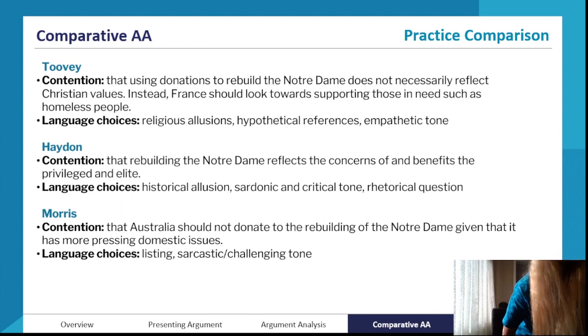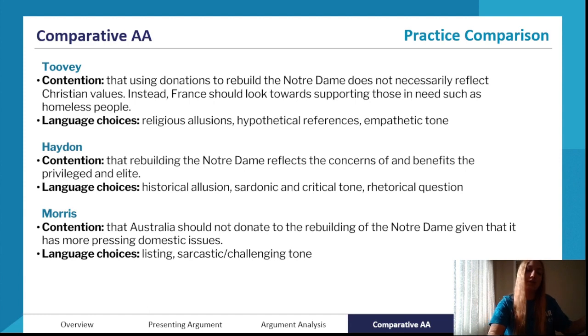All right. So basically what I said, but we can see that note point plan, how you could write it all up. Interestingly as well, language choices, religious allusions, hypothetical references, and an empathetic tone in this piece.